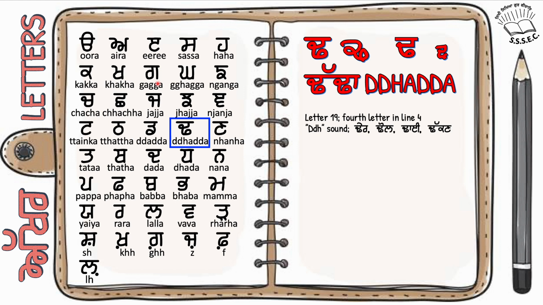Again, if we revisit the letters before, gaga, jaja, dada, and baba. They all have a similar difference between them, but here we're focusing on dada and dada at the moment.